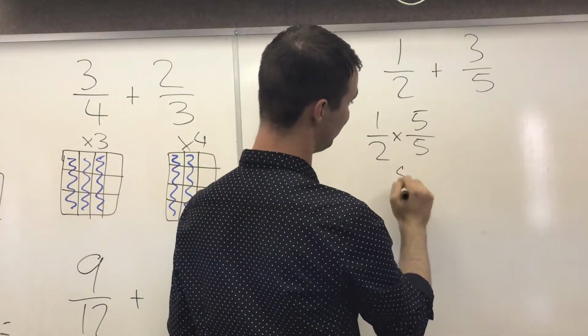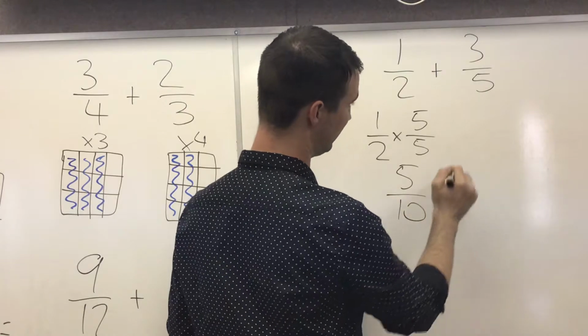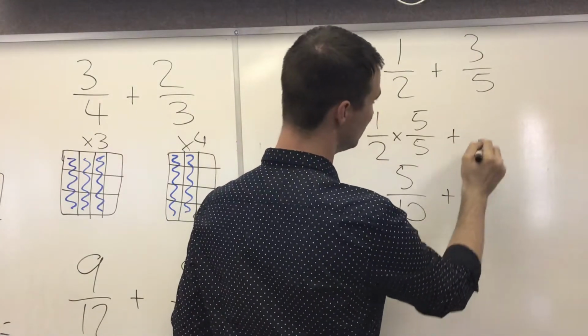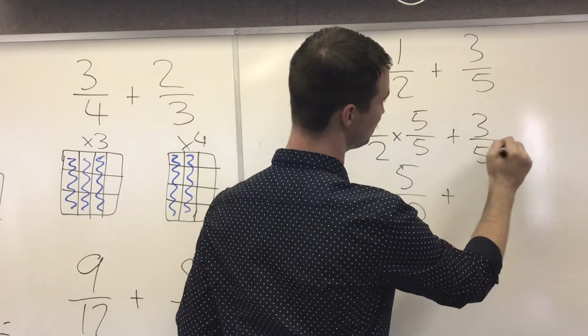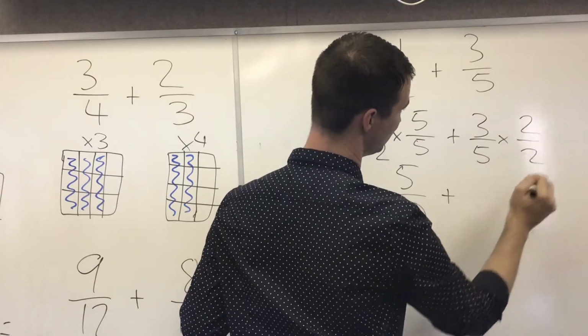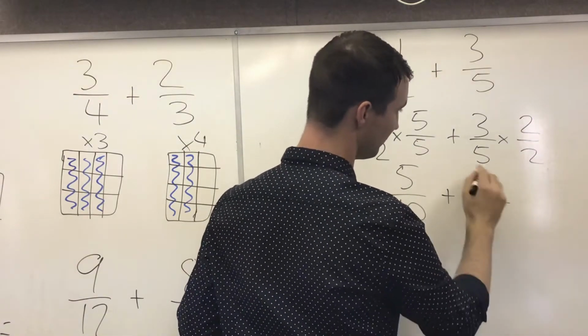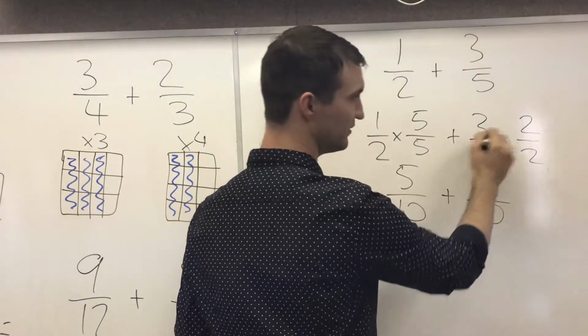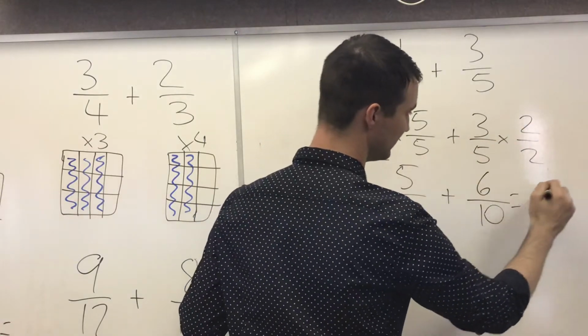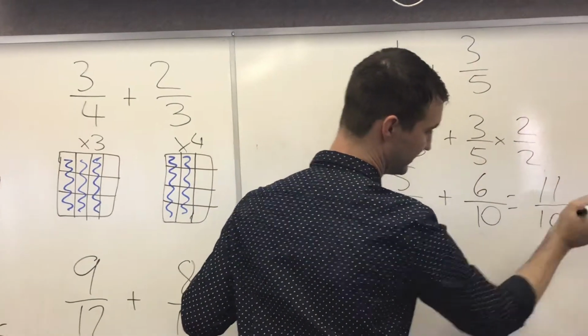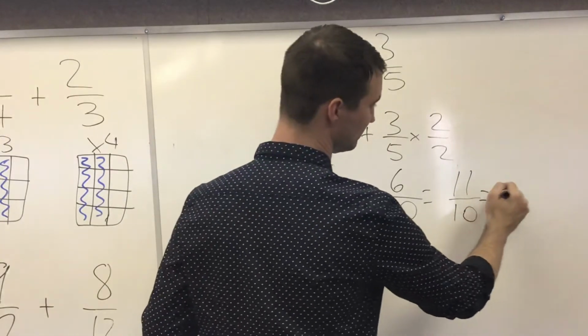And so I get 5 tenths when I do that. And I know 3/5 I'm going to have to multiply by 2/2 to get my common denominator right here. Well, 5 times 2 is 10, and 3 times 2 is 6. And then I can add them up and eventually get my mixed number.